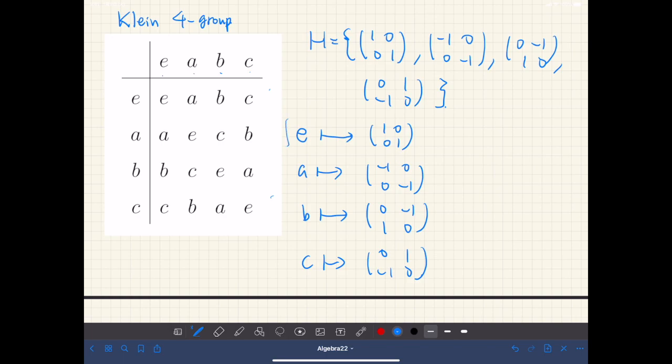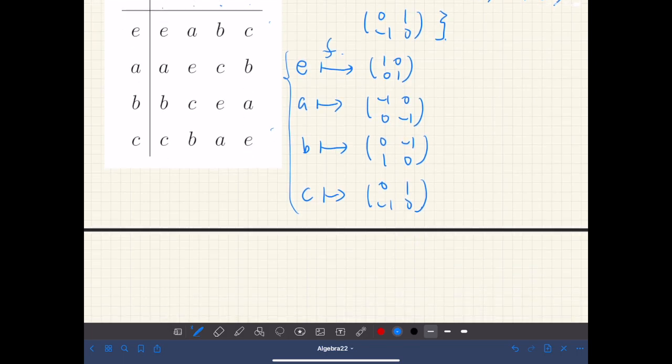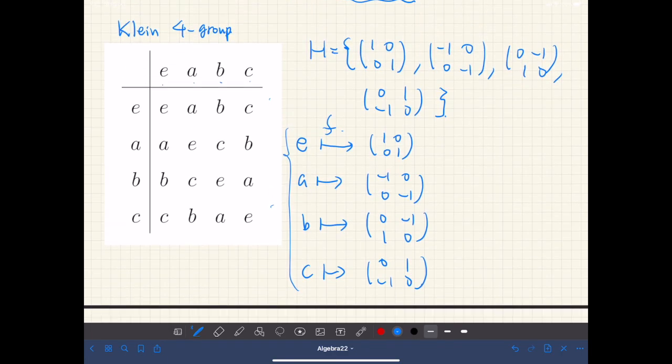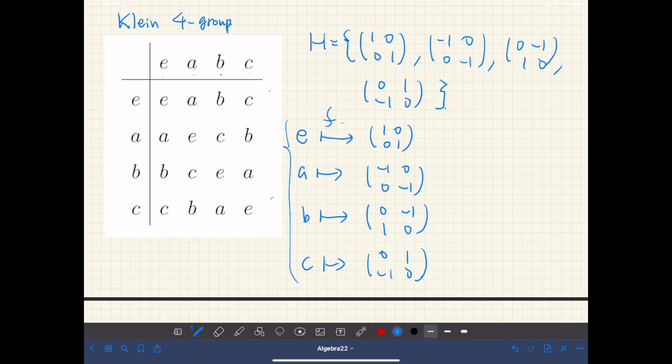Let's define this mapping as F. This is a homomorphism, and in fact this is an isomorphism. You should verify this. Then this Klein group and H, as a group of matrices with matrix multiplication as the binary operation, are isomorphic to each other.